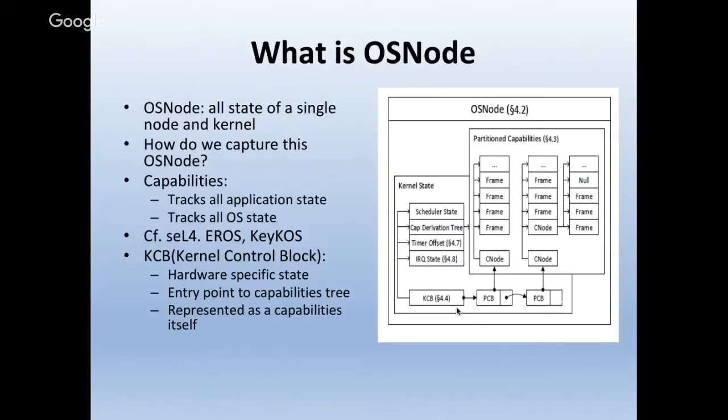So in this paper, they use a partitioned capability system to explicitly capture the OS node, meaning the entire per-core state, in a single data structure. First, I want to introduce the frame and CNode in the partitioned capabilities.